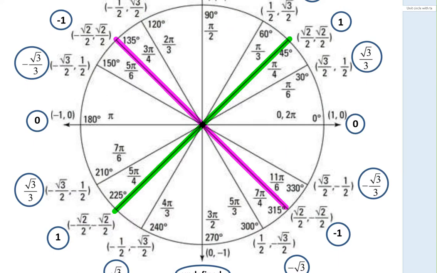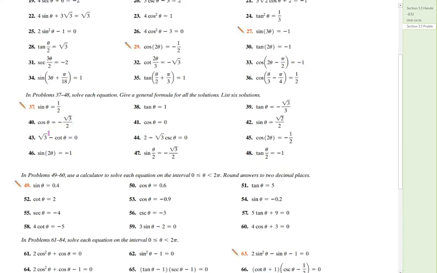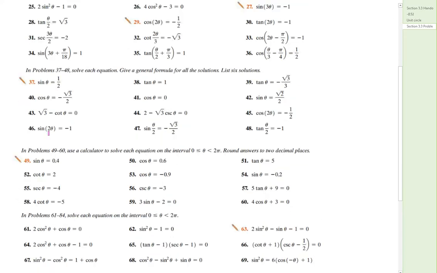So we'll do problem number 49 here. It says you want to find the sine of theta equal to 0.4. Sine of theta equals 0.4. Okay. All right. So we have to think about what's going on with that one.